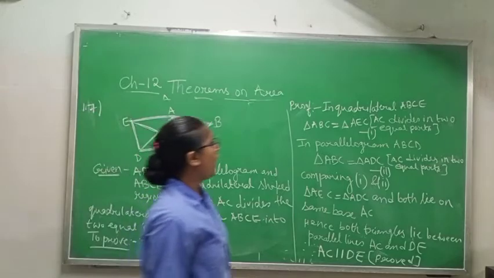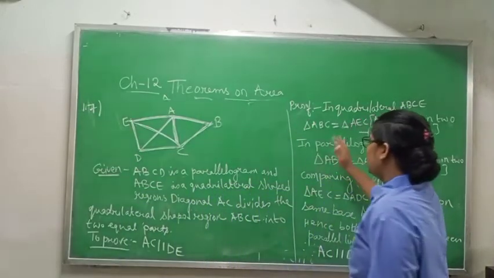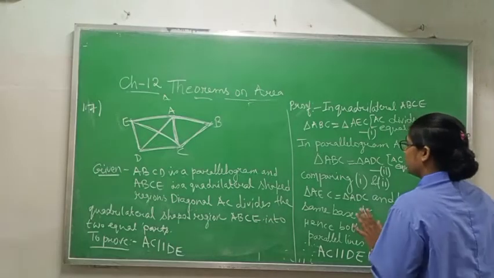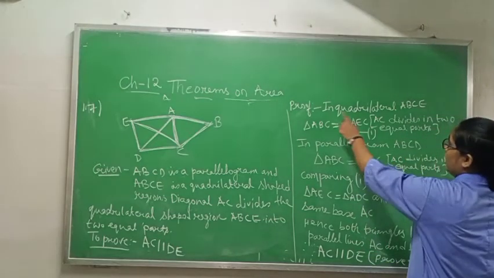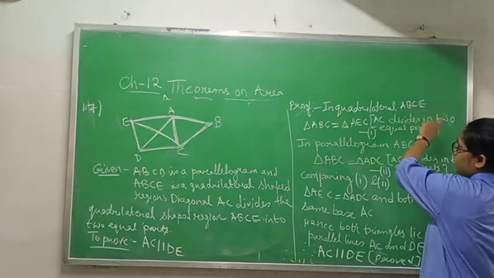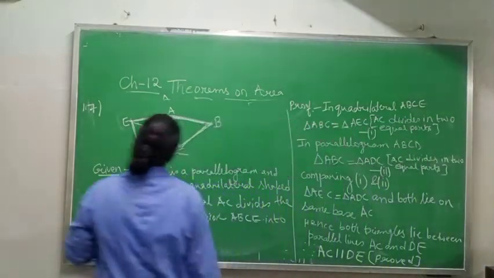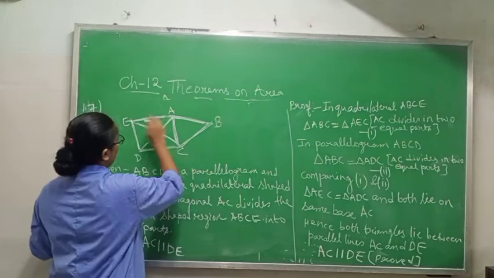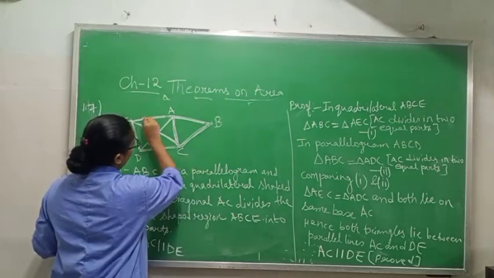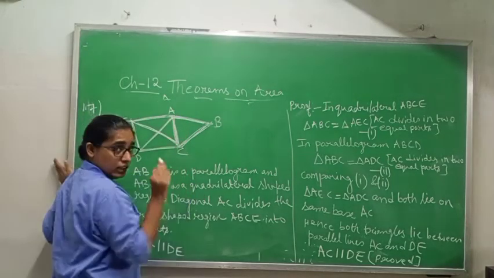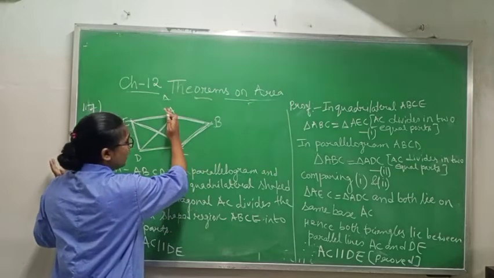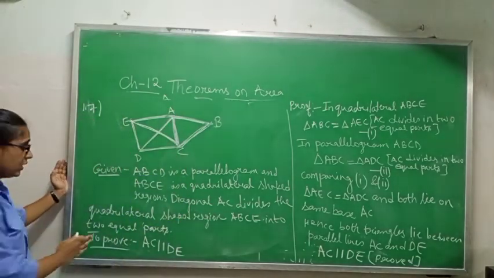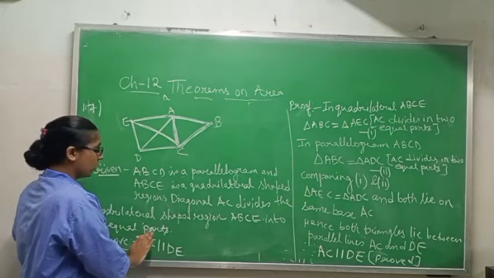Okay. Now how will you prove this one? Proving is very easy. Please concentrate here. You will find that it is very easy compared to others. First of all, we will come to quadrilateral ABCE. In this quadrilateral, AC is a diagonal, and it is already written that AC divides the quadrilateral shaped region ABCE into two equal parts.